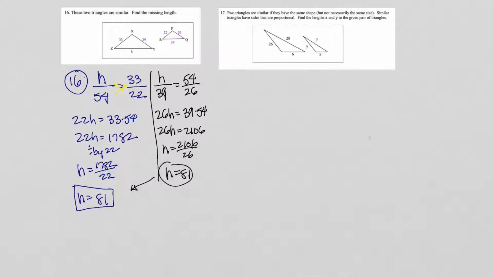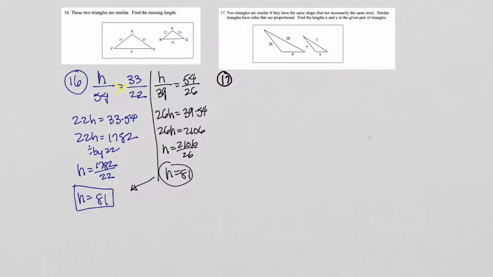So in number 17, let's get a proportion that has just one variable in it each time. Let's go with x first. This base is to that base, so x is to 6 as, I don't want to use y, I don't want to use left to left because I don't know that. I don't want two variables. So x is to 6 as 7 is to 28, base is to base as right side is to right side.